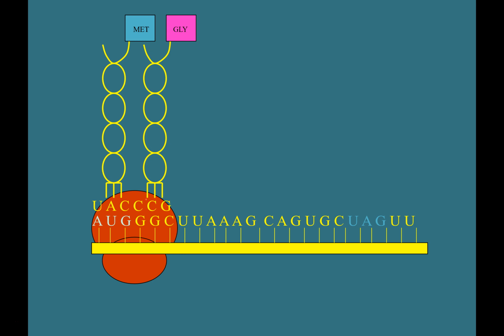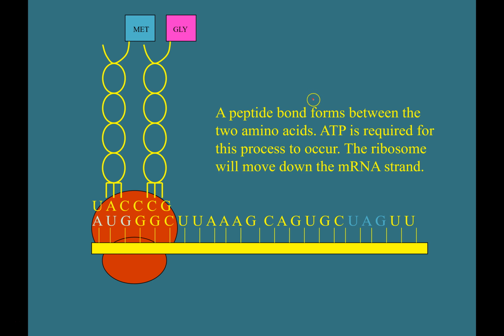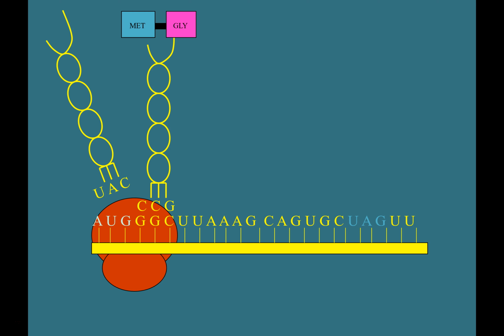Now at this point, the methionine and the glycine, they're not attached yet, but they will be. And you're going to form something called a peptide bond. And again, I'll show you how to draw that in the next video. But a peptide bond is going to form, and there it is. So at this point, that first tRNA can leave. And when it leaves, the met and the gly will be joined. And there it goes. Bye.